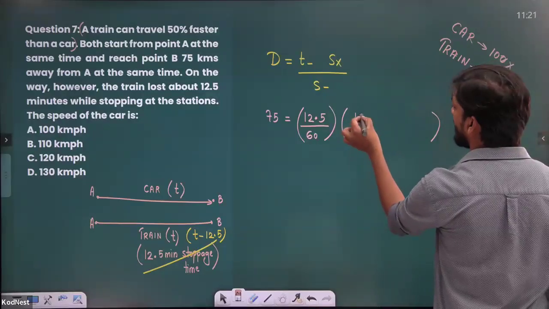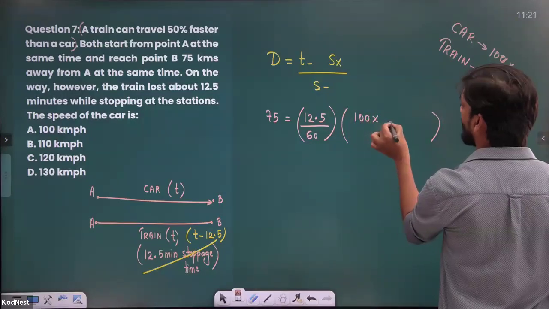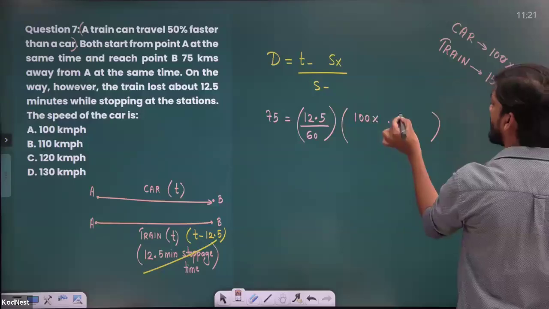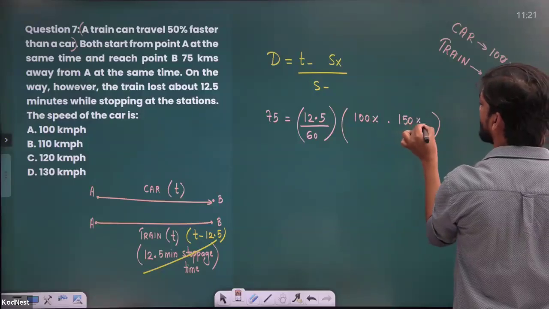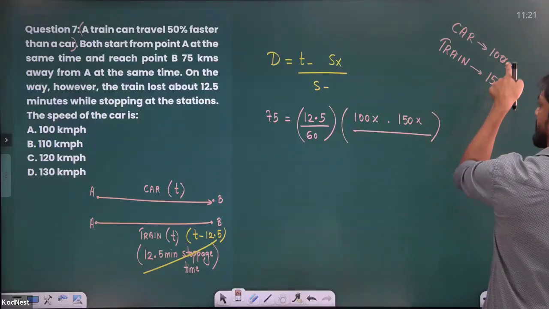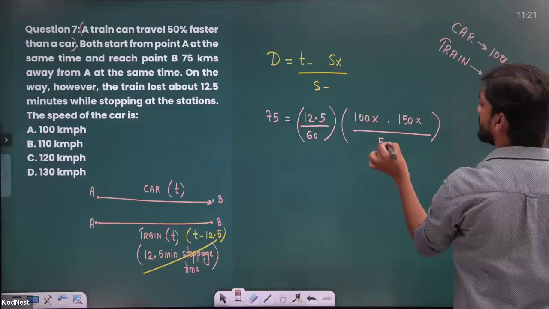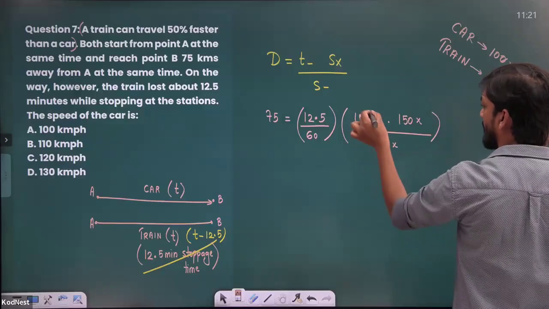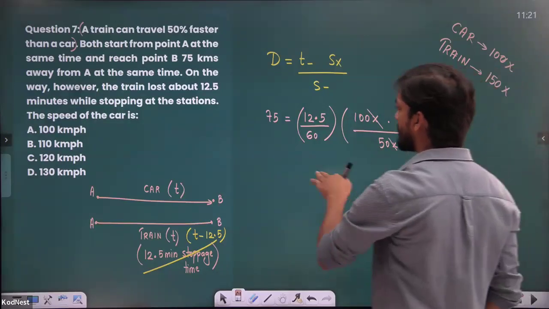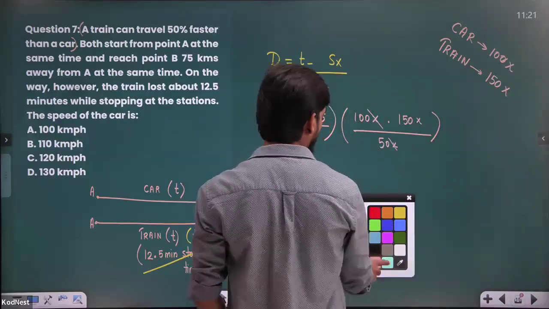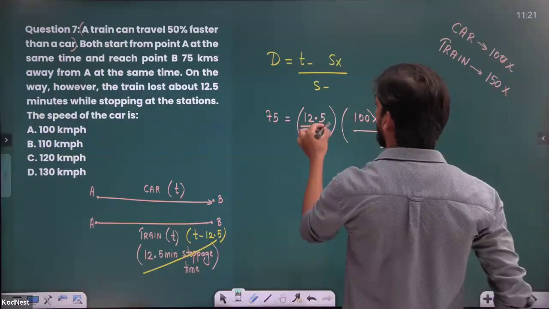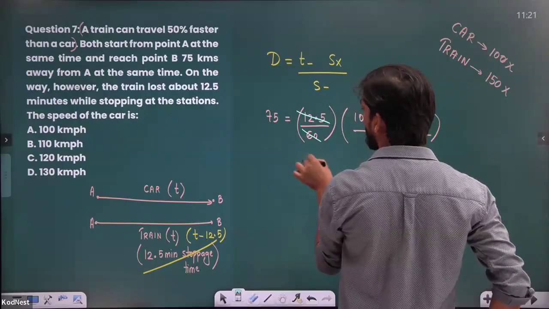So 100x multiplied with 150x, divided by the difference. The difference is 50x. Now please solve it. x will cancel. How much will you get? 12.5 into 2 is 25.